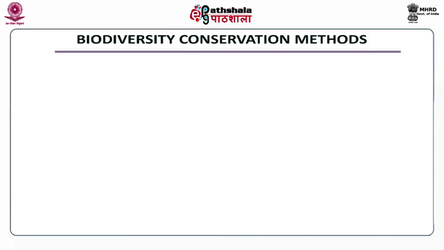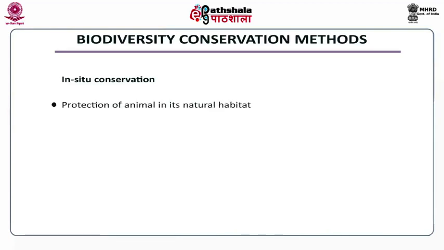Now, with this background, let me come to the biodiversity conservation methods. As I told in the beginning, biodiversity conservation method may be in situ conservation method or ex situ conservation method. First, we will be discussing the in situ conservation method. In situ conservation means the conservation of the biodiversity in its habitat.